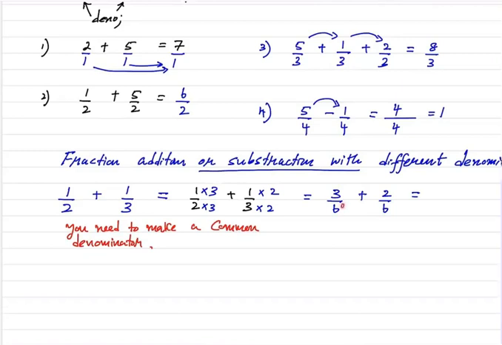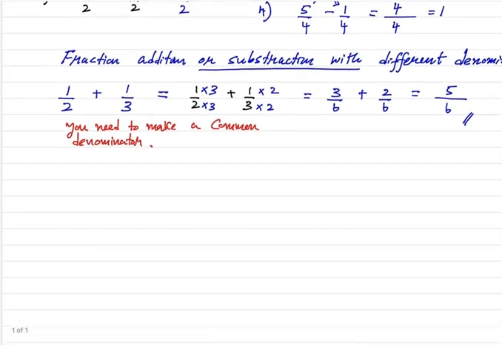Now look at the denominators here. Are they equal now? They are equal. So game over. If they are equal, we have satisfied what we have to satisfy, right? So now you copy the common denominator here, and you can add the numerators. 3 plus 2 is 5. That's the answer.